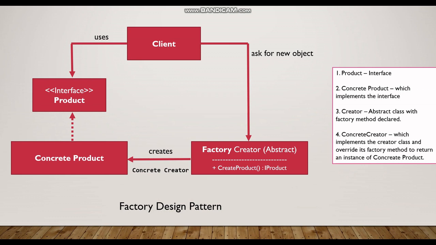That means when the client asks for a new object, the factory as a creator, that is the abstract class, will be responsible to create an object through the concrete creator class, and that creates an object for the concrete product. Indirectly it implements an interface.